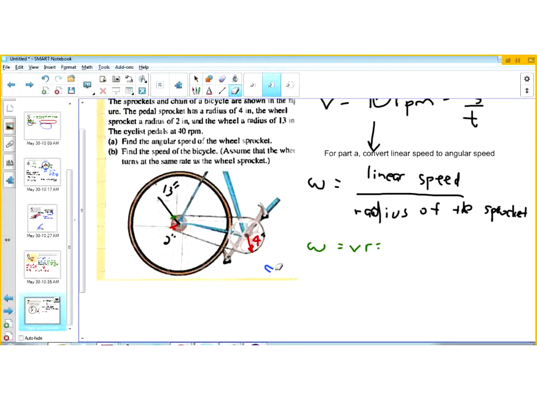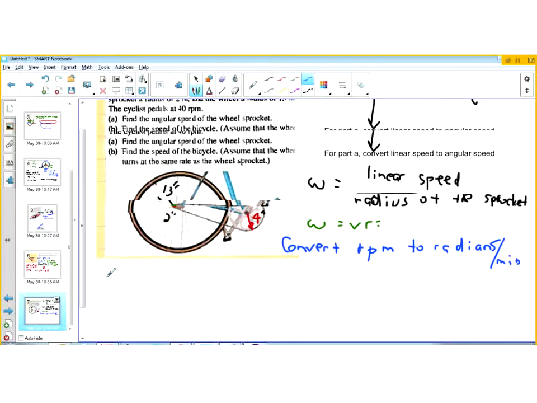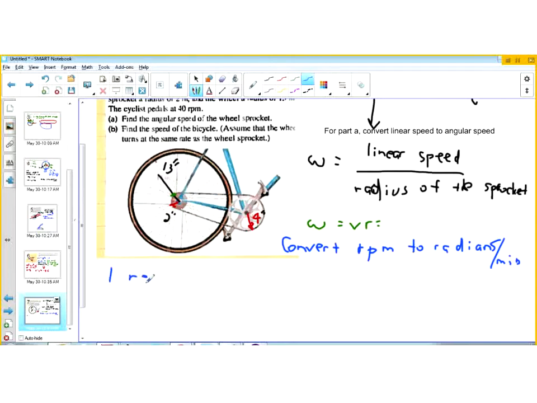Convert RPM, revolutions per minute, to radians per minute. Well, it turns out that 1 revolution of the wheel sprocket is equal to 2 pi radians.